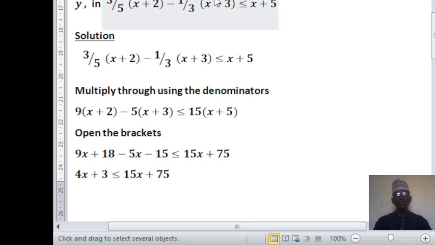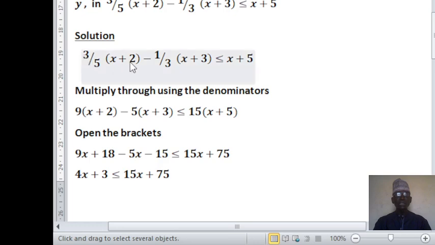We use your 5 to multiply it. Then we use 3 to multiply the other side, the left hand side, open bracket x plus 2 close bracket. So that is exactly what we did here.